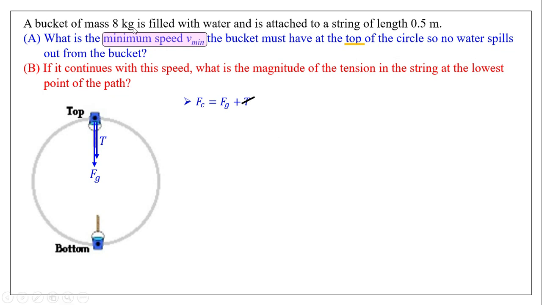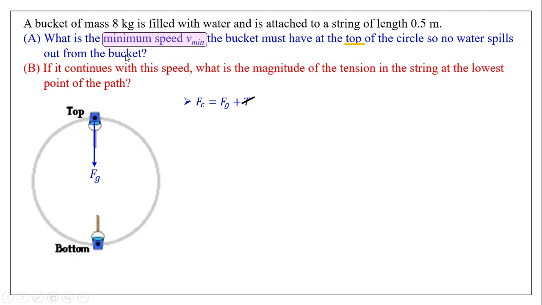So anytime you see this terminology where it says minimum speed at the very top, you are expected to cancel out T because that's where T will start to sag, and therefore I'm going to eliminate T from my function. If I eliminate T from my function, I'm also going to visually erase T from my free body diagram.